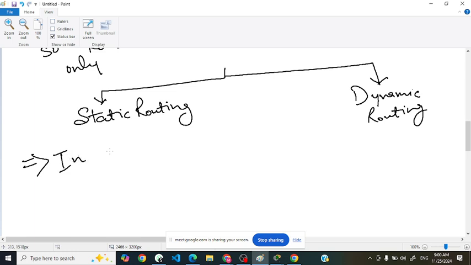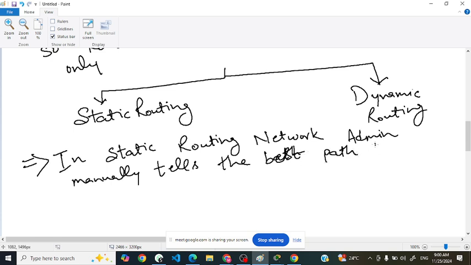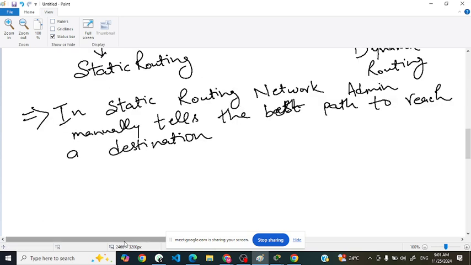In static routing, the network administrator manually sets the best path to reach a destination. Okay, are you getting my point? Yes, sir.